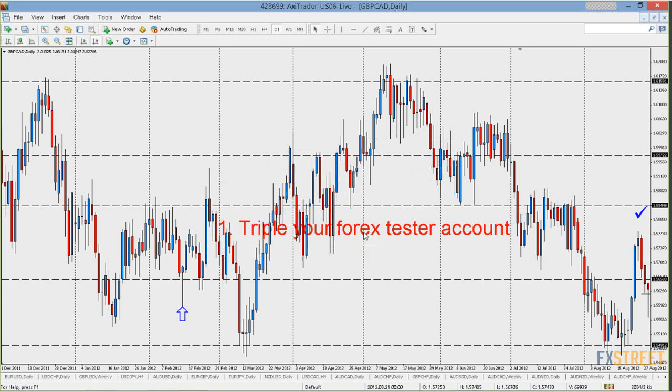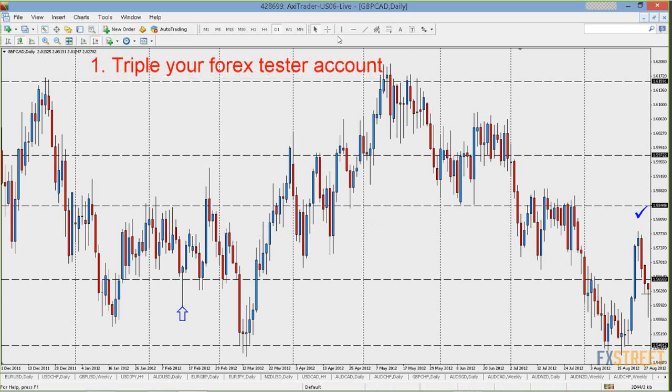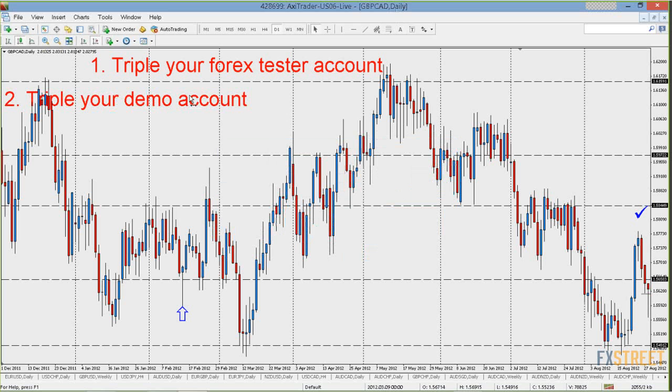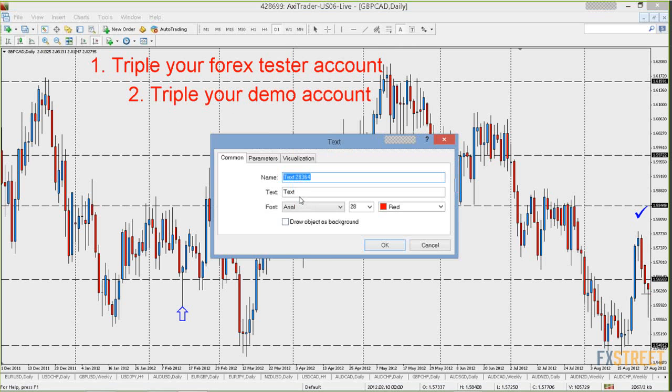And this is the answer to one of the most popular questions that I get, which is, how do I get good at trading, or how do I get confident? The best thing I know to do is to do this process. Find a system that you like. Make sure that you can triple it in Forex Tester. Triple it in your demo account. You can get one from a broker where it's not going to expire, so you don't have to keep rolling it over or whatever.